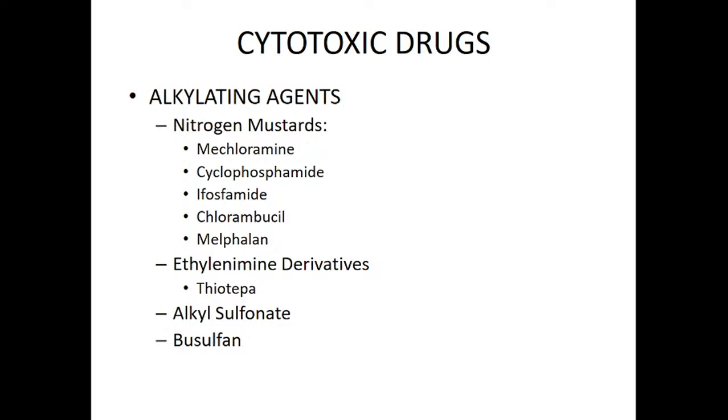So what can be done to reduce the risk of hemorrhagic cystitis with cyclophosphamide is co-administer a compound called MESNA, mercaptoethane sulfonate. So that is a very important principle of ameliorating the toxicity of anti-cancer drugs. There are a lot of anti-cancer drugs, there are a lot of side effects to different anti-cancer drugs.